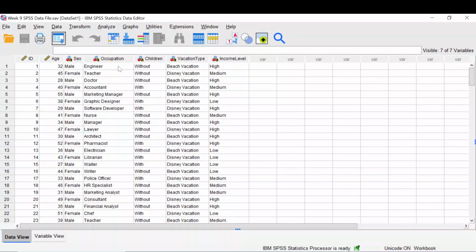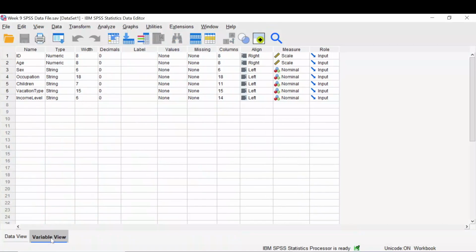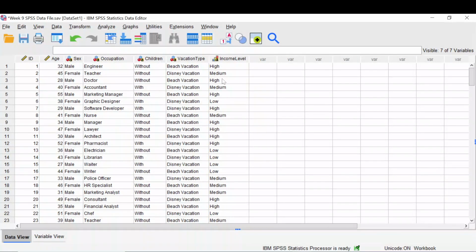And these variables are all coded as nominal. So we have sex, occupation, presence of children, type of vacation, and income level. Arguably, you could change that income level variable to ordinal, right? Because we have treated it as low, medium, and high.